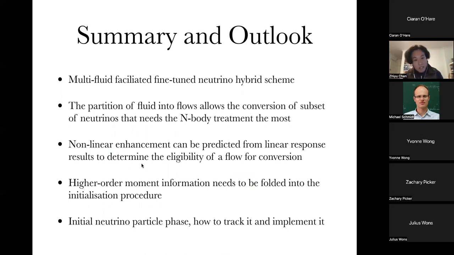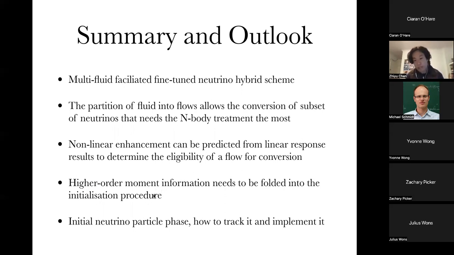And the nonlinear enhancement can now be predicted from just the linear response results. That means we can establish the eligibility of a particular flow for conversion without trial and error every single time. That can be very useful later: for a given neutrino mass, you can look at the multi-fluid decomposition and ask if a particular flow will be worth the effort to go further into the hybrid scheme.